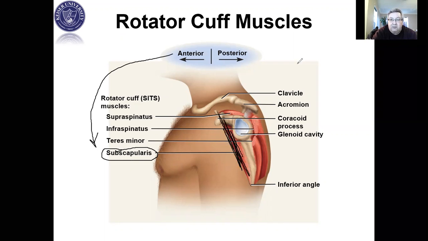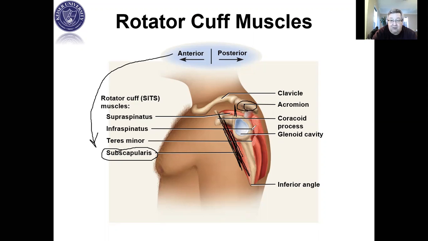On the posterior side, we have the three muscles. We have the supraspinatus, which is up here. As you can see, here's the acromion process. You see how close it is, how the supraspinatus is so close. Not a lot of room there for movement, okay? You have the infraspinatus, and you have the teres minor down here on this side.